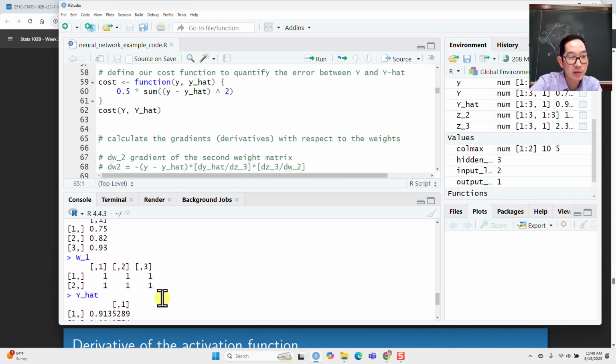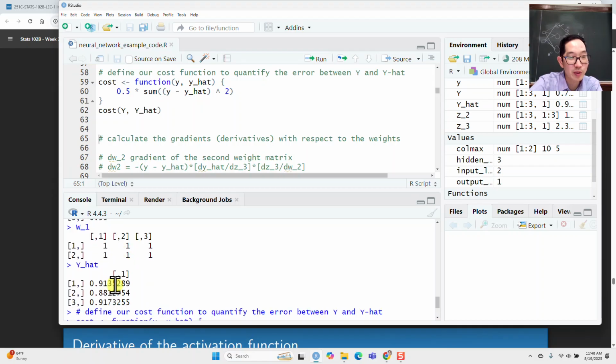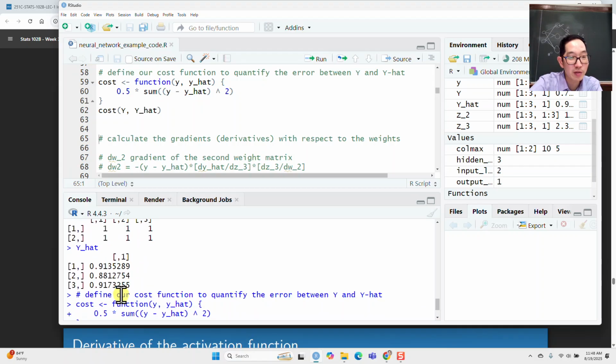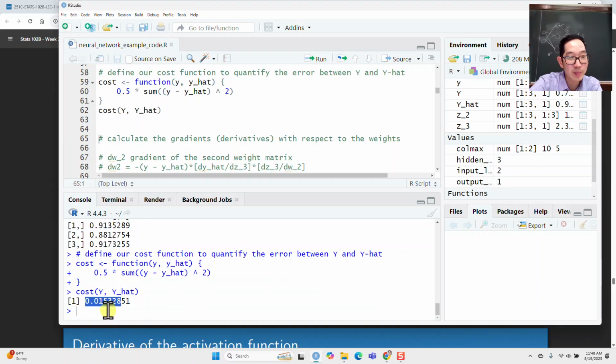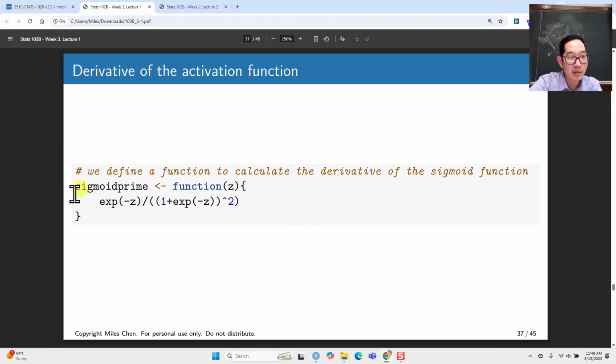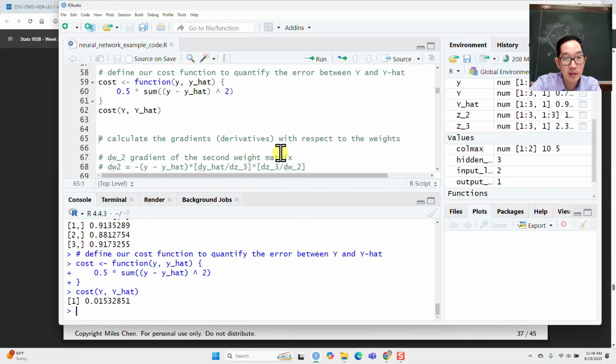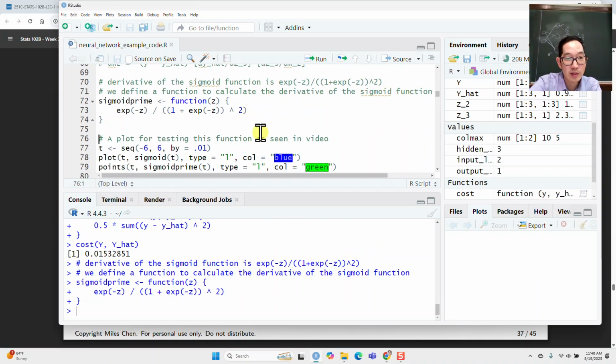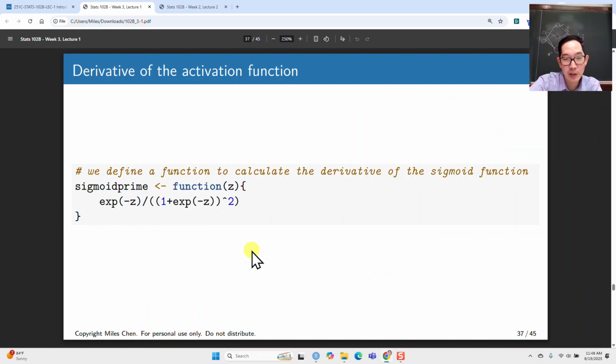Okay, it's the difference between 0.75 and 0.913 and 0.82 and 0.88 and so on. Okay, that's our current cost. And we have our sigmoid prime, our f prime, which is e to the negative z over (1 plus e to the negative z) squared. This is just from one of the other slides.